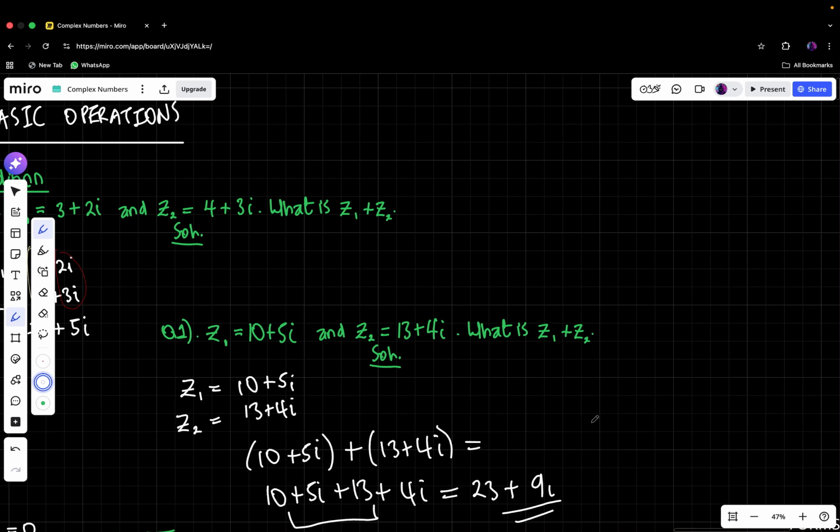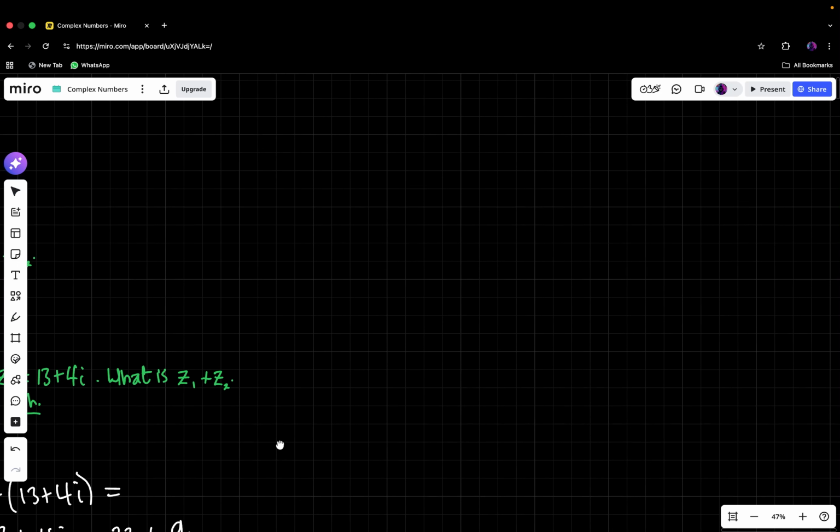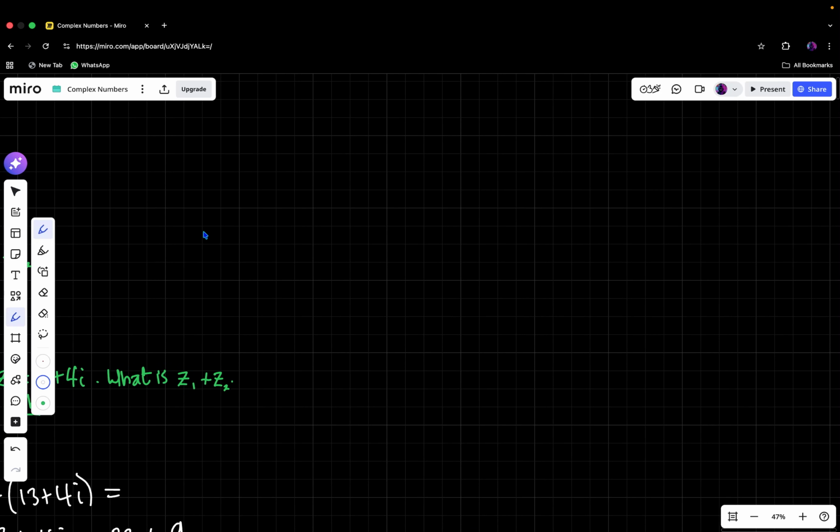Let's take one more example, and then I will give you work to try out. Let us take this example. If z1 is equal to 4i, and z2 is equal to 14 plus 7i, what is z1 plus z2?